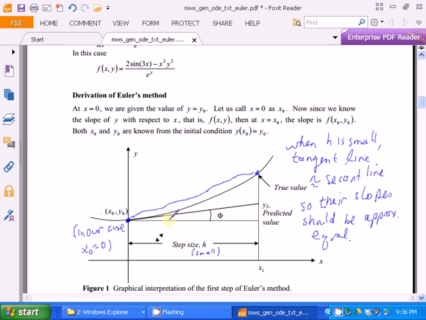All right. Well, what is the slope of the tangent line? Well, that's dy/dx at x equal to x0. What is the slope of the secant line? Well, we can compute it as, if that's the point here, the true value of the solution here would be x1, y1. Okay, so we can go down where he writes all of this out.